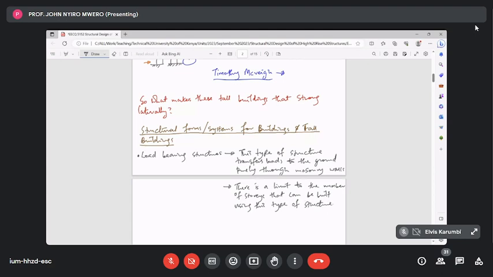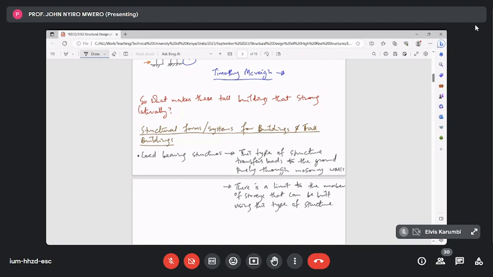And this limit is basically generated from considerations of lateral loads. We might not go into a lot of detail on the why, but it's important at this point that you bear in mind that when you're doing masonry structures, there's a limit to the number of floors that you can do.